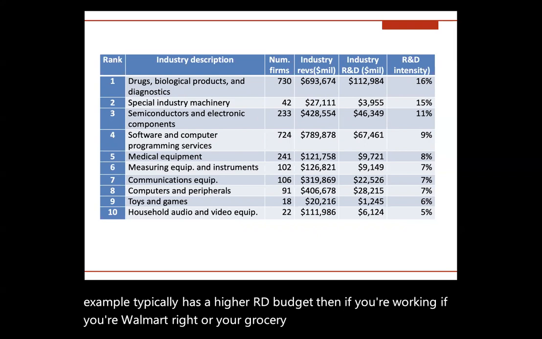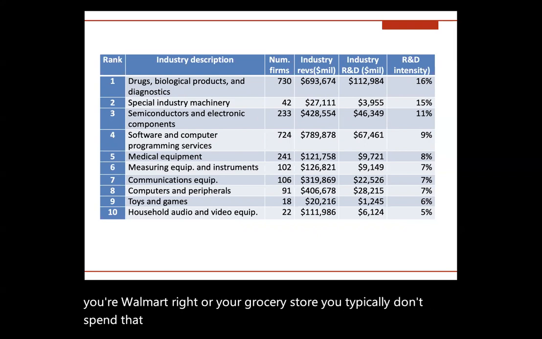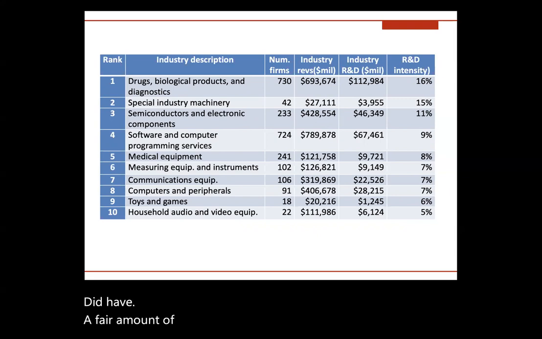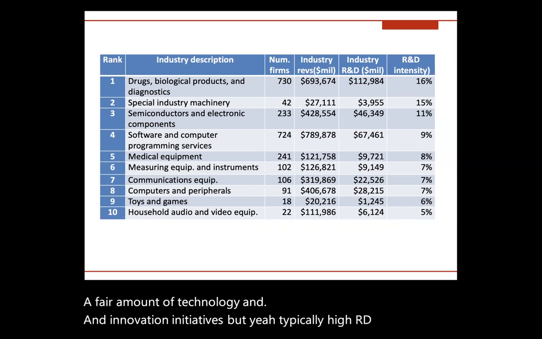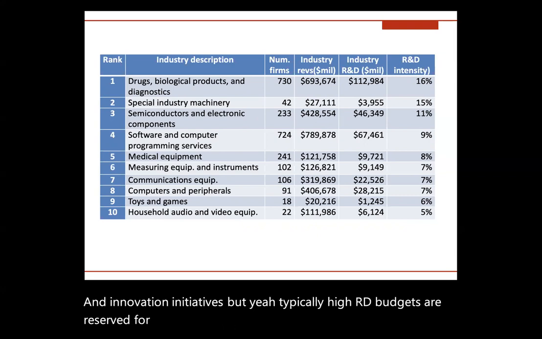You typically don't spend that much money on R&D, although Walmart did have a fair amount of technology and innovation initiatives. But yeah, typically high R&D budgets are reserved for companies that are focusing on technological innovation.